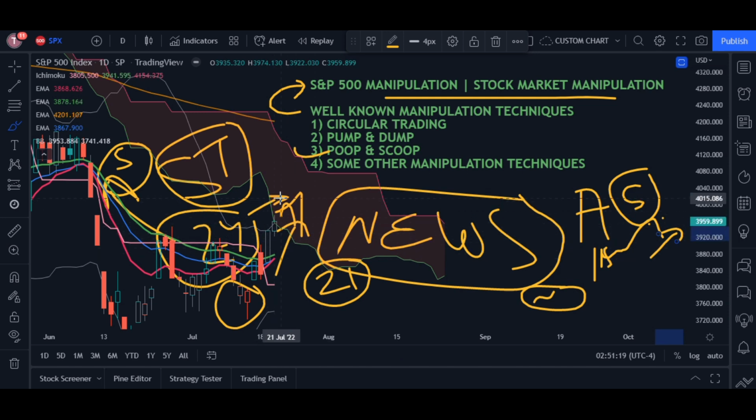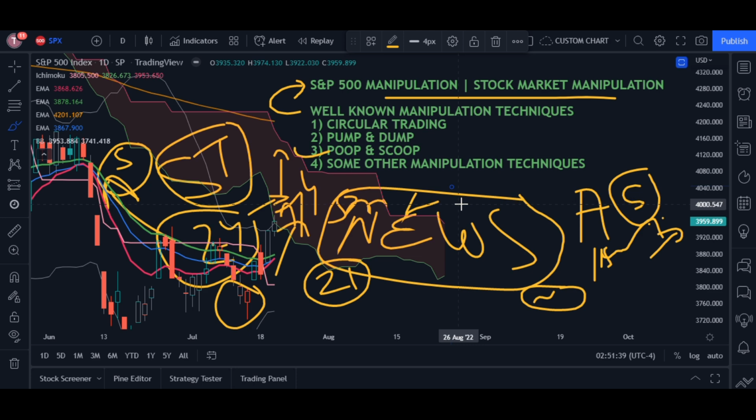They will say that now everything is well, everything is good with the economy, the market is moving up, and it is heading towards 4500 or 5000, or by the end of 2022 the S&P 500 will hit 5000 or maybe 6000. You will hear this kind of news from the market.